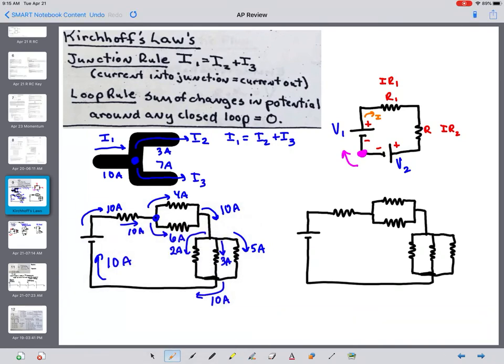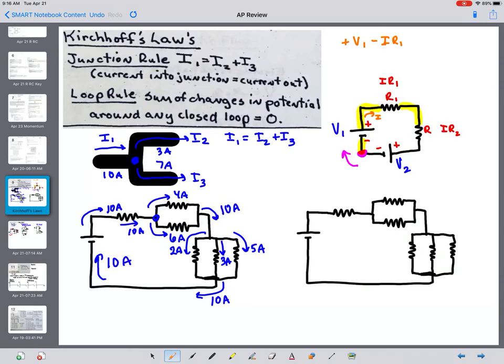As I go from my pink dot through the first battery, that would be an increase of V1. As I work my way around, so I've gone to here, now I'm working my way around to there. Now I run into that resistor. Charges flow from high to low. So as I move from left to right across that resistor, I'm going to decrease the voltage by I R1. And then I continue to wrap around, and I go to here, and I get to R2.